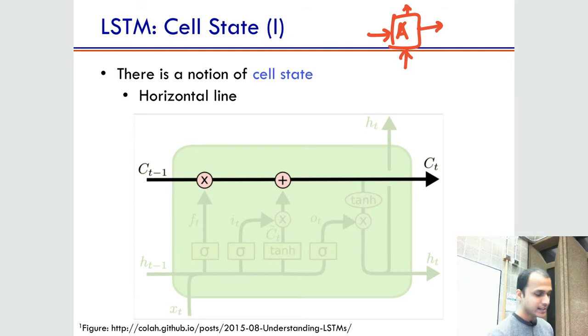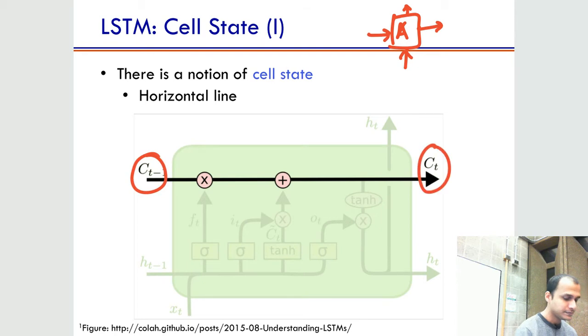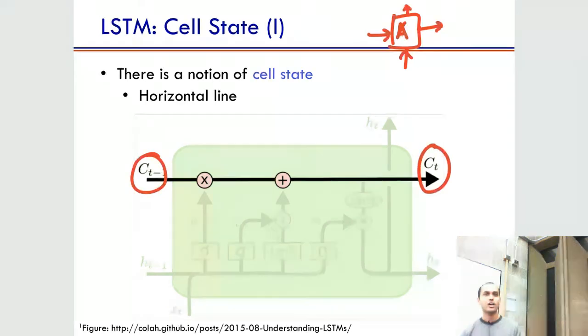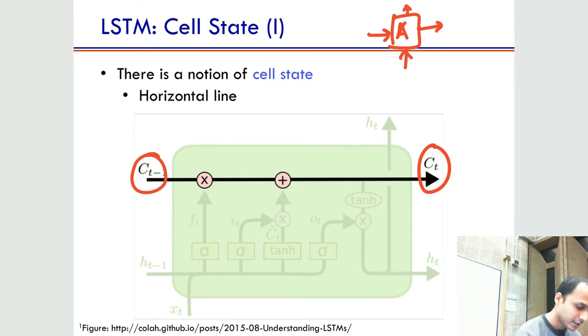Now, LSTM is slightly different. The key component in an LSTM is the notion of a cell state. We are now zooming into just one block, one copy, and the key vector associated with that copy is called the cell state. The input one is called C, which we represent as C t minus one.